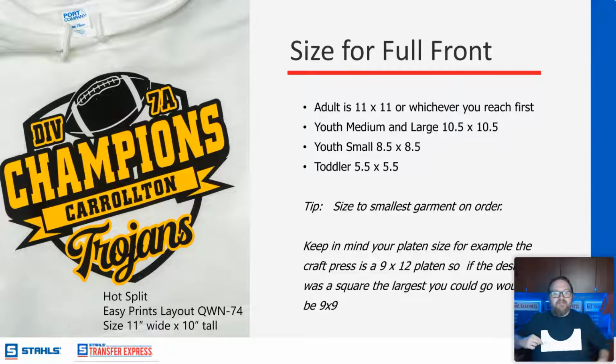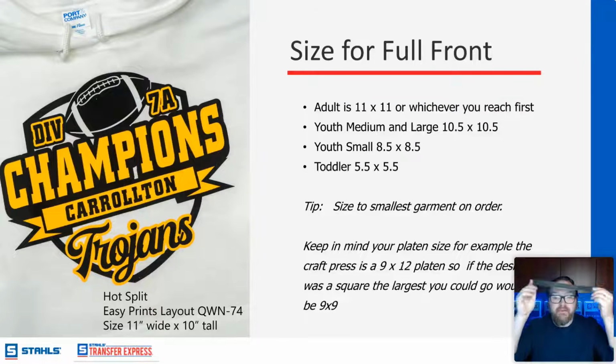So as you can see, for just a full front standard placement for me, this is quite a large graphic. It fills out. I'm wearing an extra large crew neck sweatshirt right now. So right here is 11 inches. Even if you don't have one of these, you probably just have a regular ruler, and a ruler is your friend, especially when you're doing some weird crop shirts.